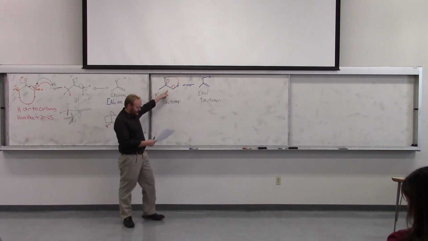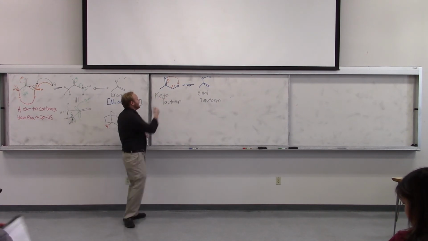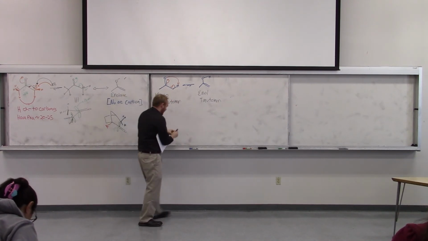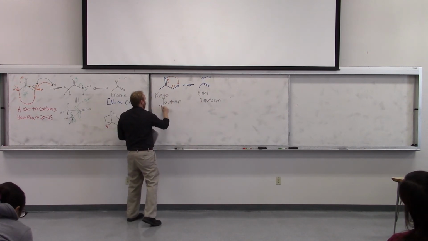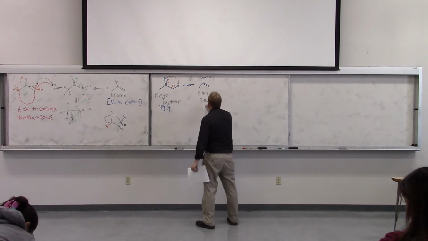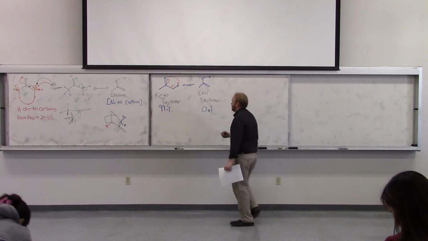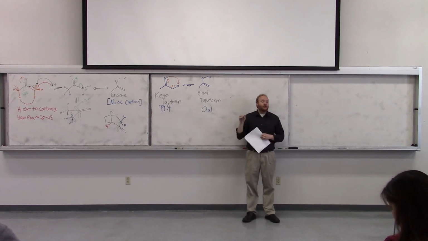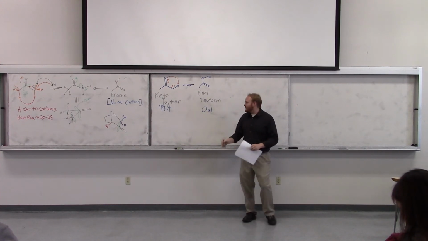But in this case, at neutral conditions, we'll have at any time roughly 99.9% of the keto form and 0.1% of the enol form, at neutral conditions.